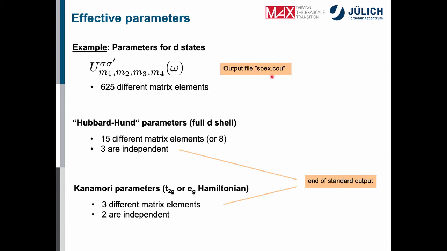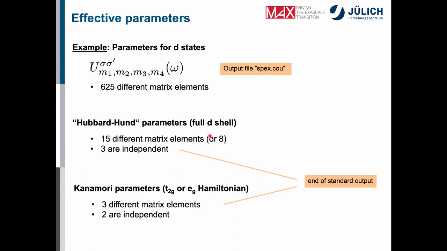Luckily, this complexity can be reduced if one assumes, first, that the screened interaction is isotropic, and second, that the radial Coulomb-Slater integrals are independent of the magnetic quantum numbers. Then only 15 out of the 625 elements are different.